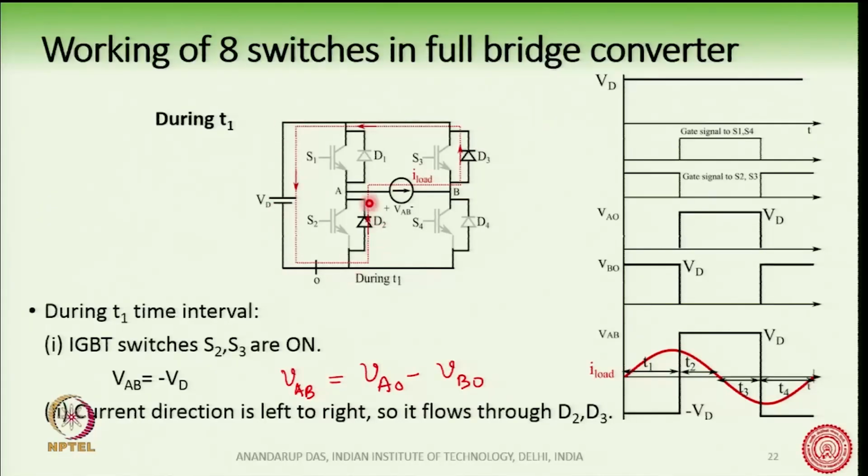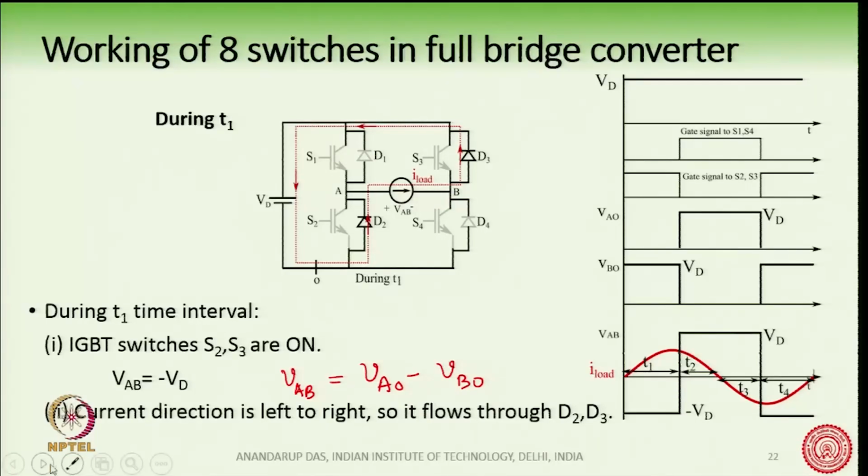So, this must be the path of the current here. What is the voltage? VAB voltage. Because the diode D2 is conducting, O point is shorted to A and D3 is conducting, so B point is shorted to the positive terminal and therefore, the voltage of minus VD is getting applied across VAB here.